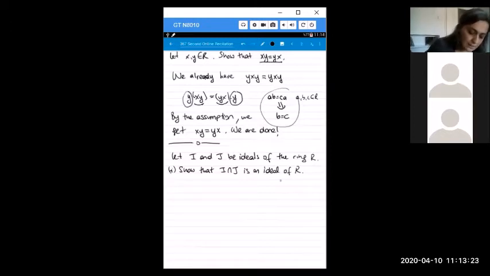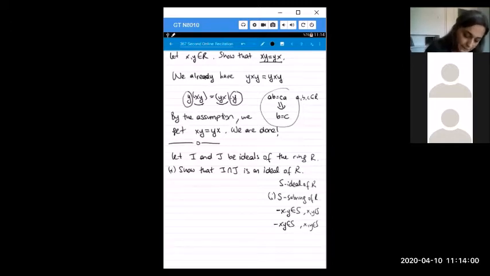Let me use S. To say it's an ideal of R, first we need to show that it's a subring of R. For this, we are going to show that x minus y is in S, and secondly, that x times y is in S.